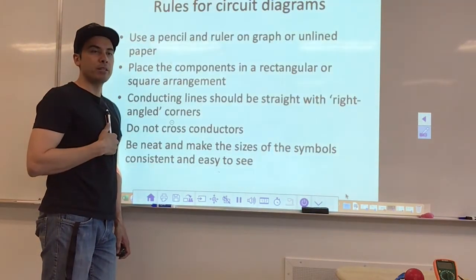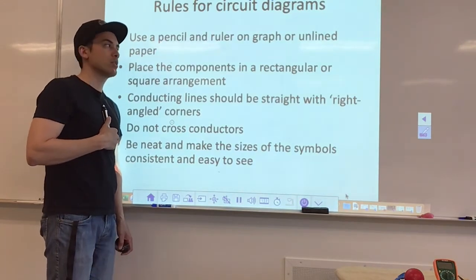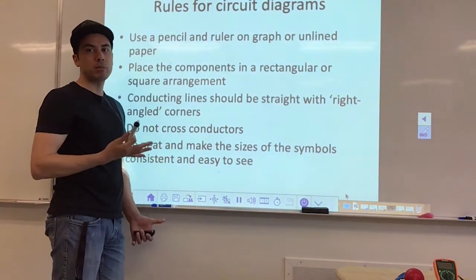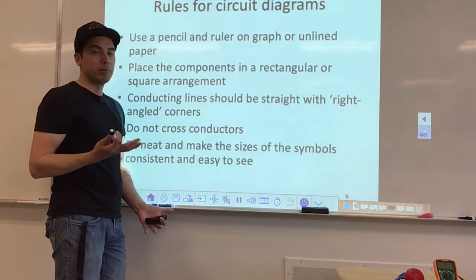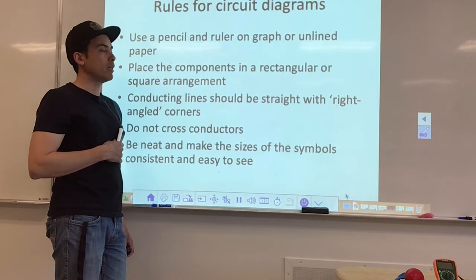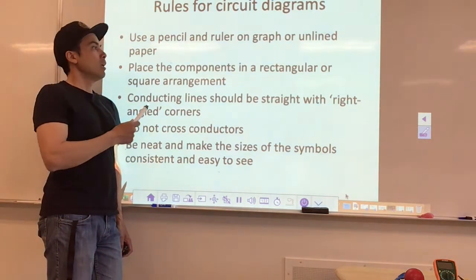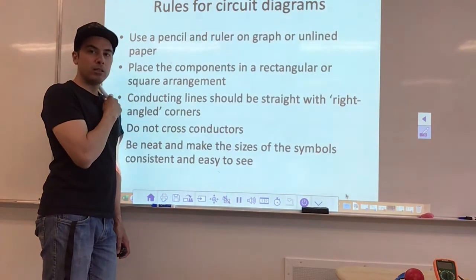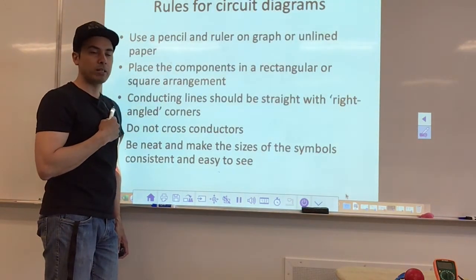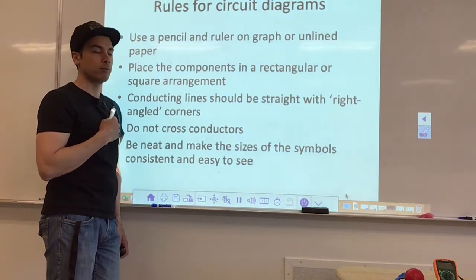So there's a couple things when drawing these electrical diagrams that we want to keep in mind. Number one, we want to use a pencil and paper, maybe similar to math. If we make an oopsie, we want to make sure we have the ability to correct it, and a pencil is the best way to do this. Typically, our wires form some type of rectangle with the corners meeting at right angles.